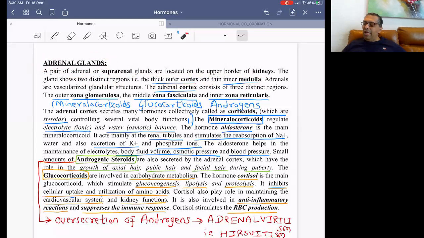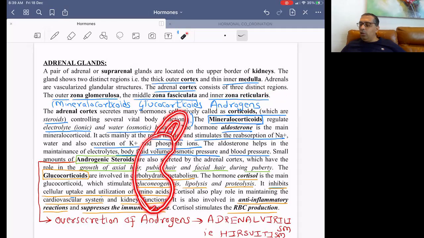The adrenal glands are vascularized glandular structures. The adrenal cortex consists of three distinct regions: the outer zona glomerulosa, the middle zona fasciculata, and the inner zona reticularis.